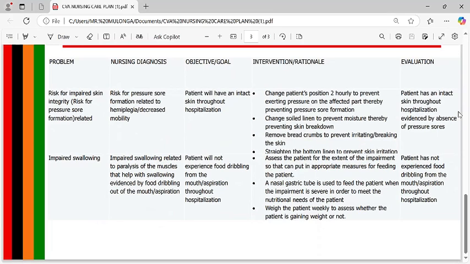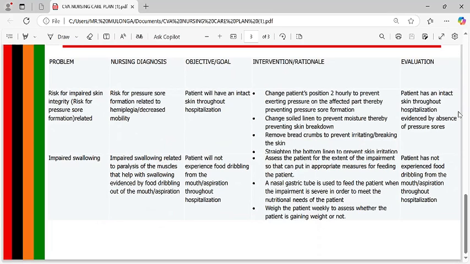They can affect any of the muscles that are found on the neck. So because of that, you find that this patient will not be able to swallow properly. And because of that inability to swallow properly, we are going to call it impaired swallowing. So impaired swallowing is our fourth problem.